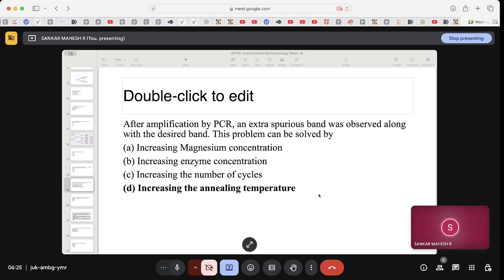That's the logic. Because this is happening only at some bases, not all bases, by increasing the annealing temperature we can reduce this non-specific binding. Yeah, that's what you wanted to convey, right, Sai Sampath? Right. Good.